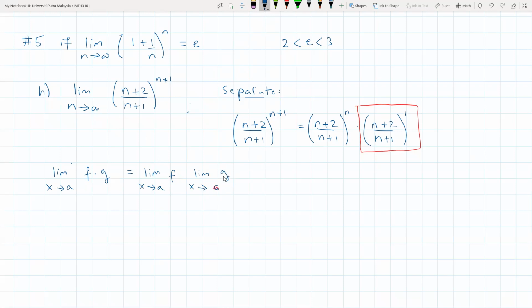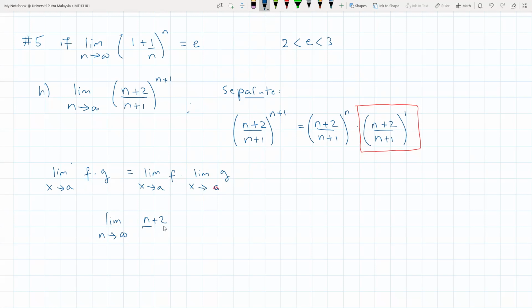So we can use the same analogy on this sequence.